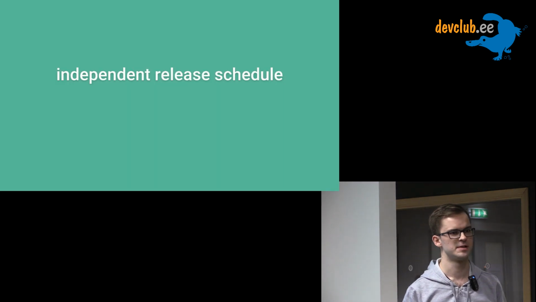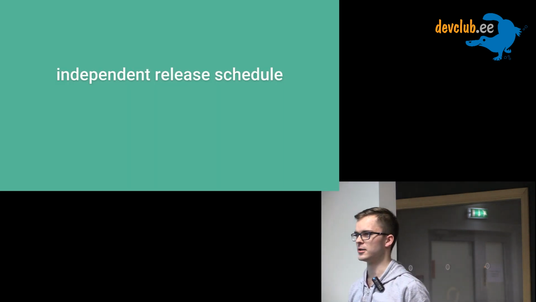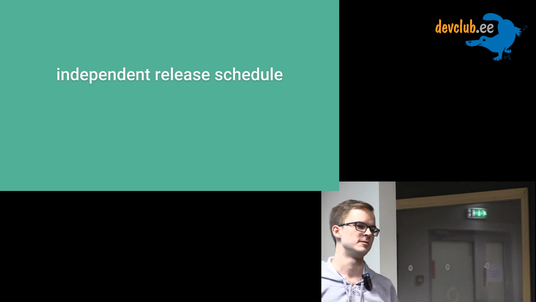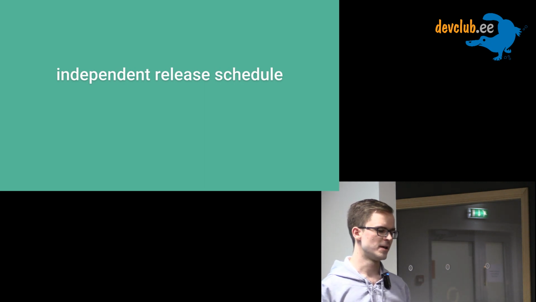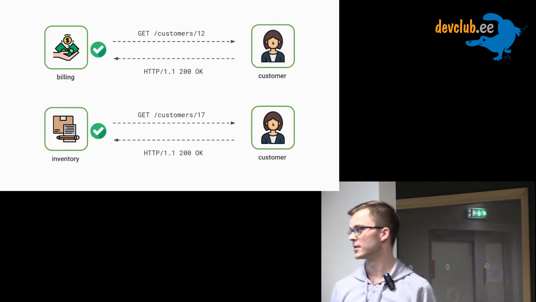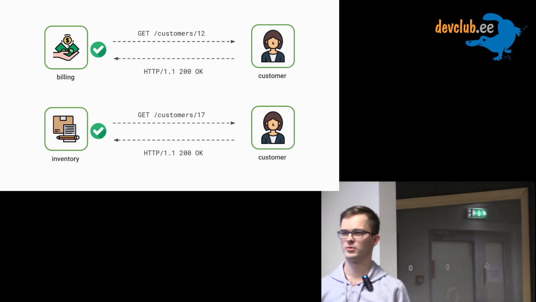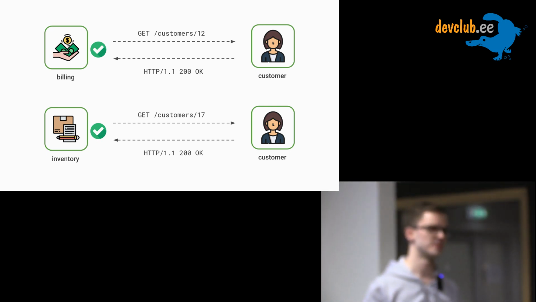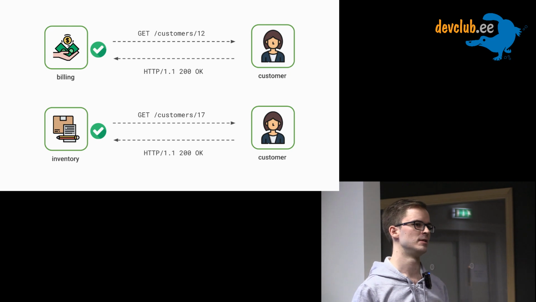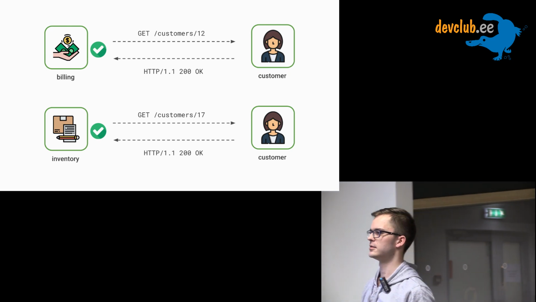Also, this team was interested in an independent release cycle, meaning that if they tested the services together, it would give them confidence that exactly these versions will work well together.